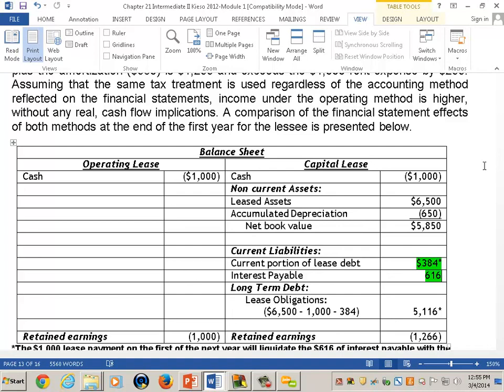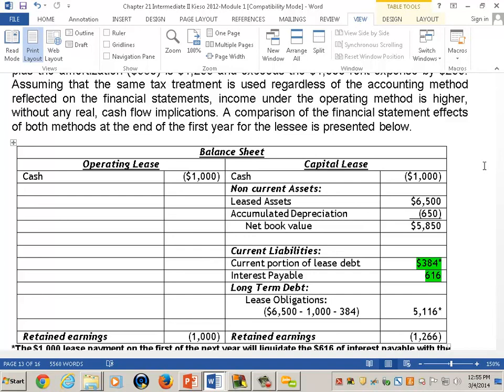The 1,000 is the first payment, and the 384 is a reclass out of long-term into current. So on the balance sheet, when you capitalize, the leased asset is at net book value, and the liability is split between its current and its long-term portion.